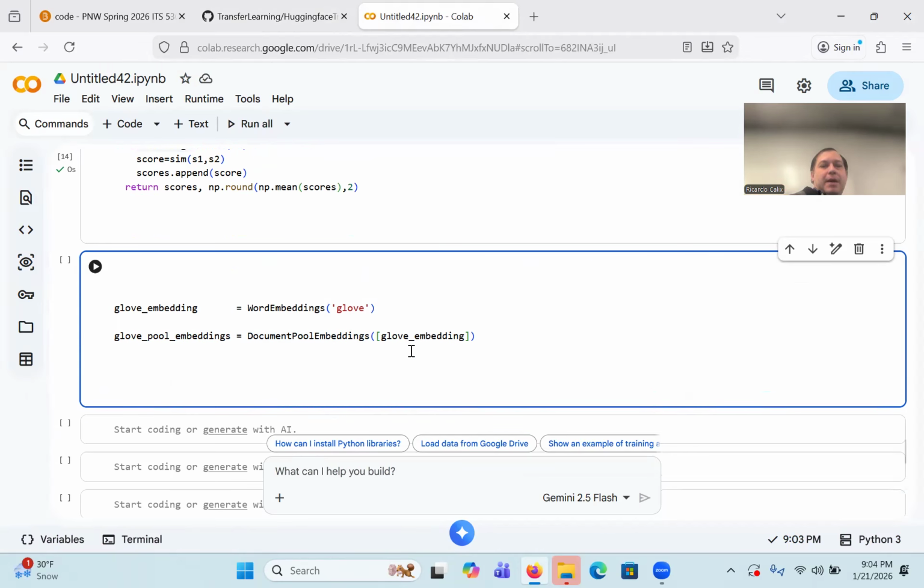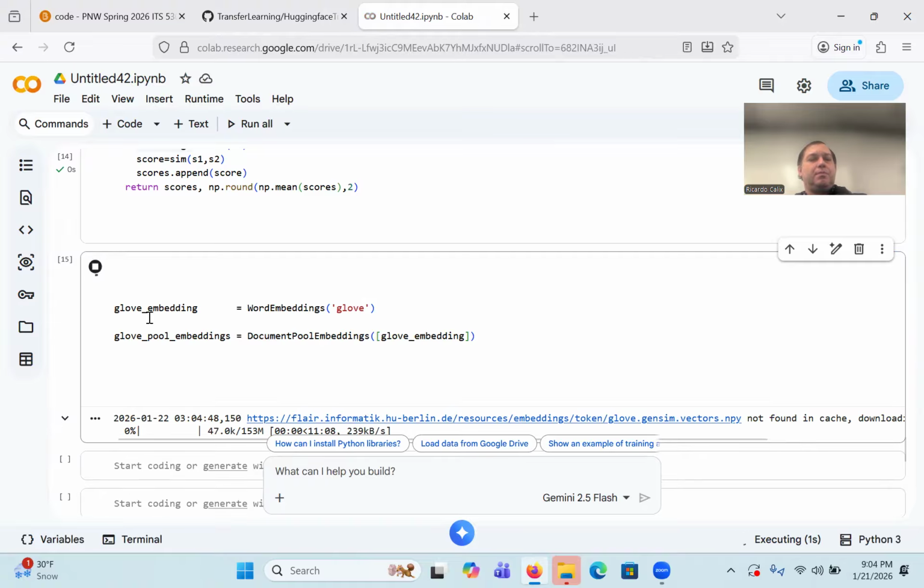Okay, and then glove embedding, we use something called document pool embeddings to create the approach that we want to use.